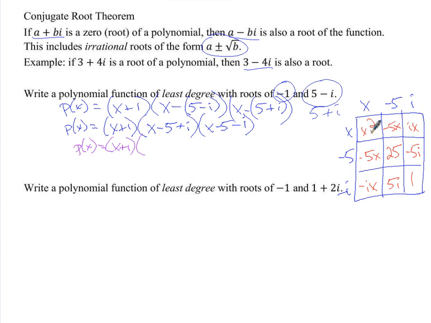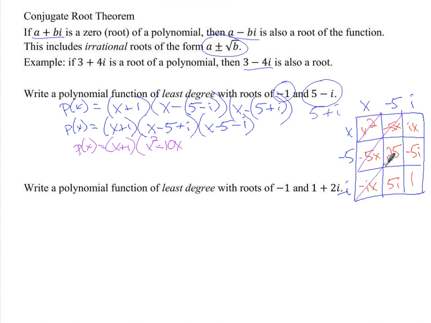Well, start with the x squared. No like terms, so we write down x squared. That one's gone. Move on to the x terms. I have a negative 5x and a negative 5x, which is negative 10x. So I'll write that down, minus 10x. And those two guys are gone. I have a negative ix and a positive ix.